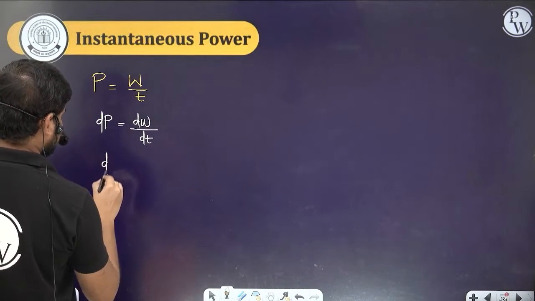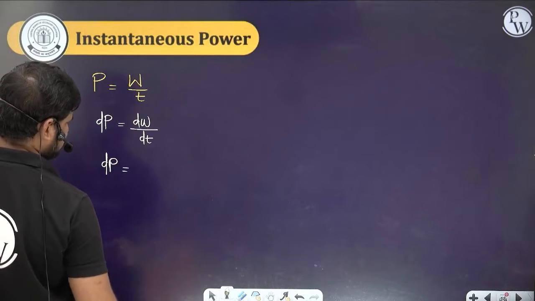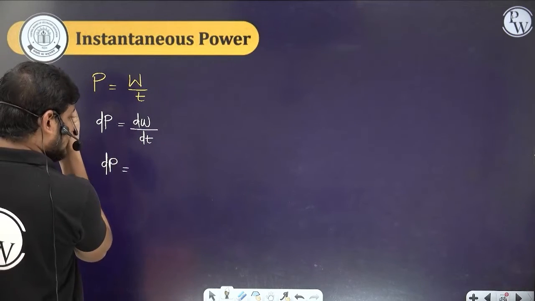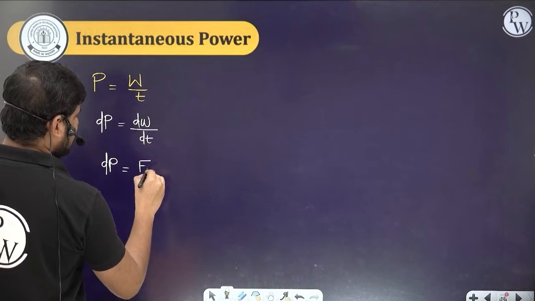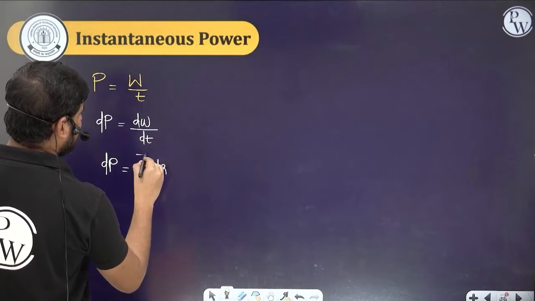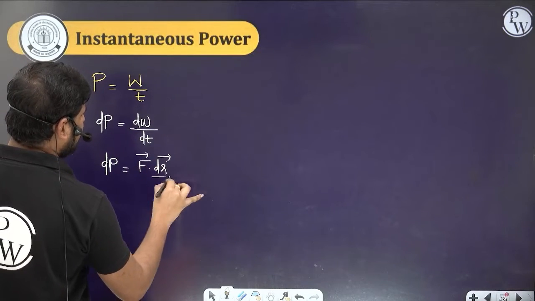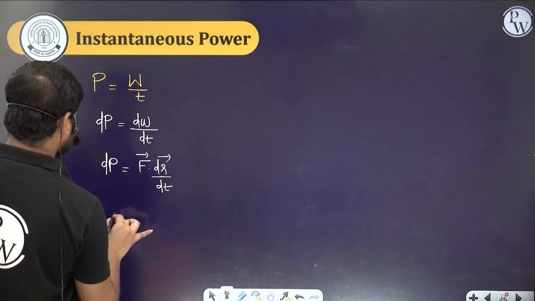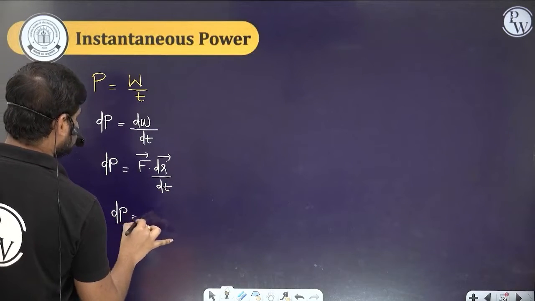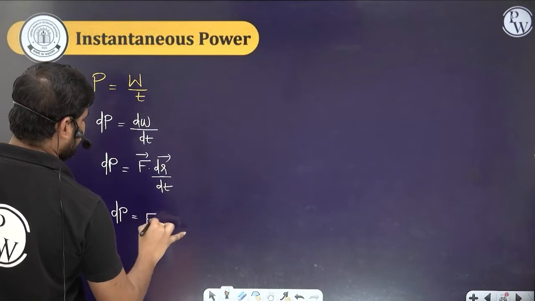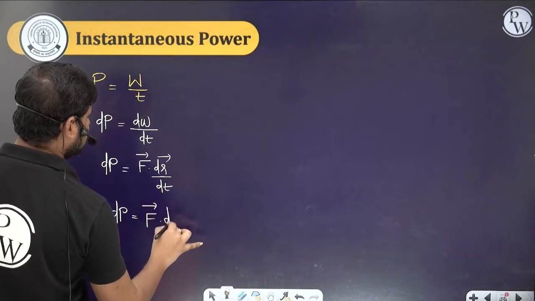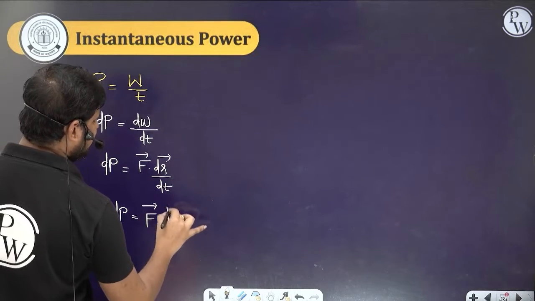So I can write dP is equal to, in place of work, F dot dr by dt. So dP will be equal to F dot dv. Yes or no?